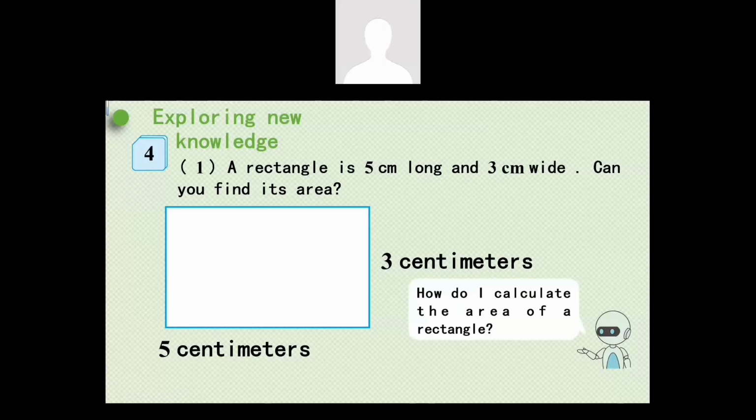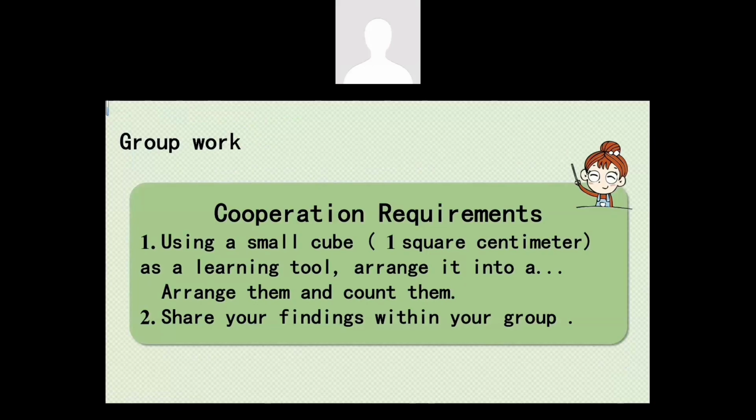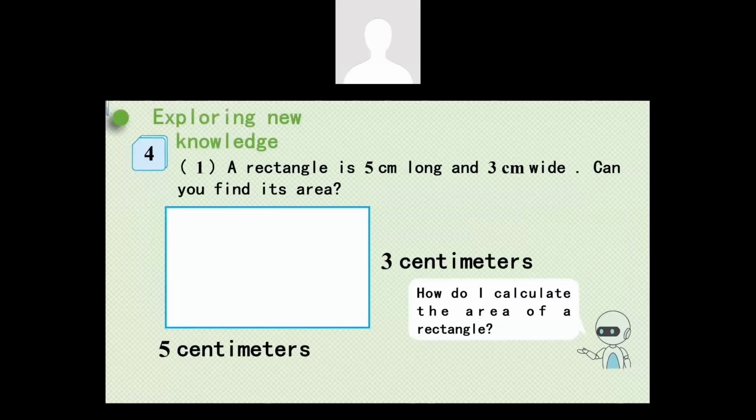So we have two main ideas: cover and count, and measure and calculate. Today, we will start from cover and count to derive a general formula, and then we use measuring to calculate quickly.